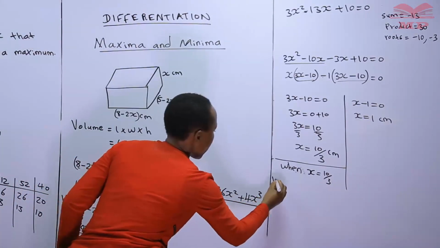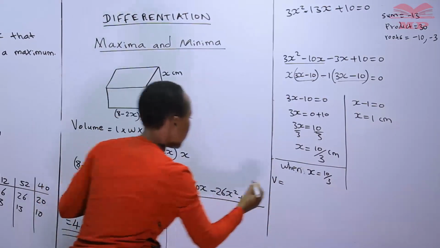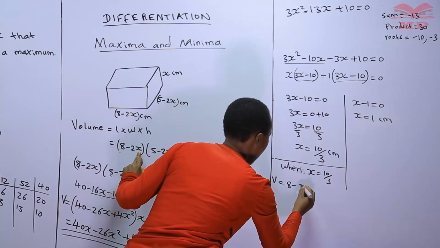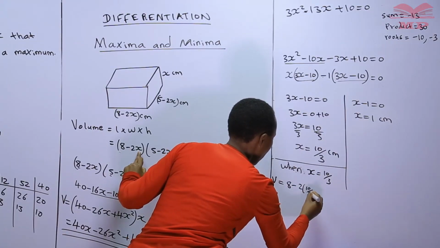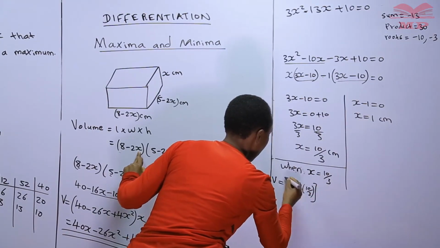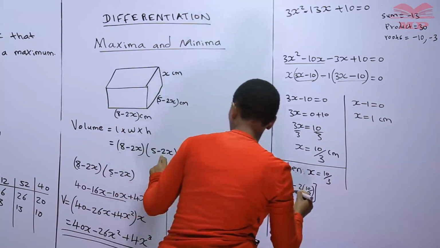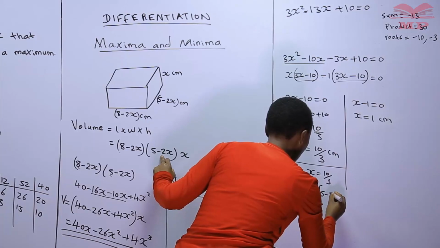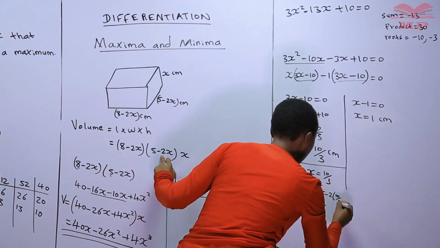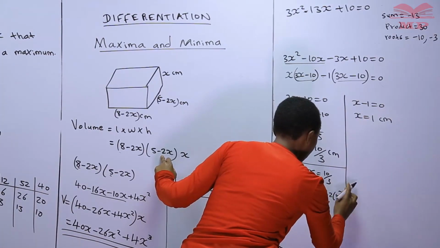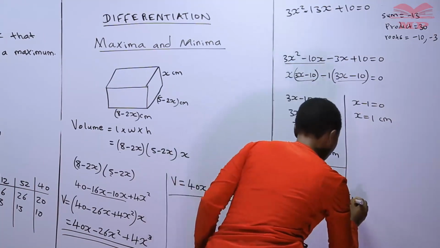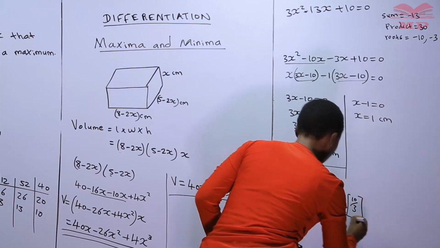So our volume will be 8 minus 2x, so we have 2 multiplied by 10 over 3. Then multiplied by 5 minus 2x, which is 10 over 3. Then we multiply again by x, and our x is 10 over 3.